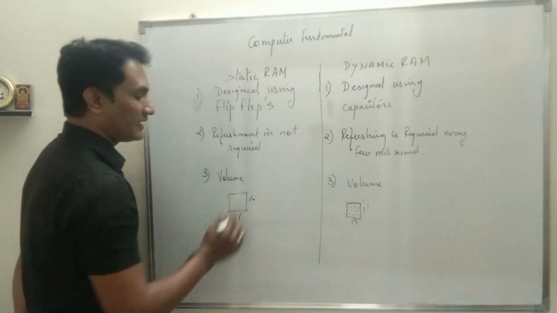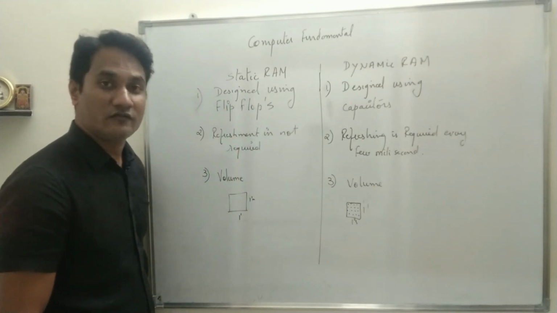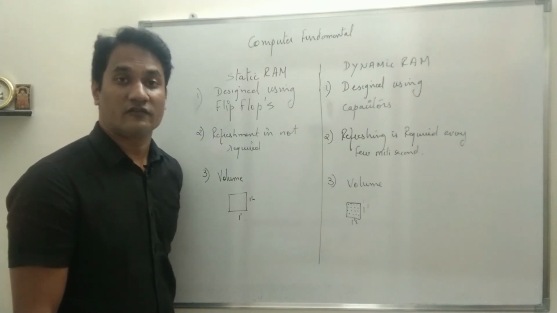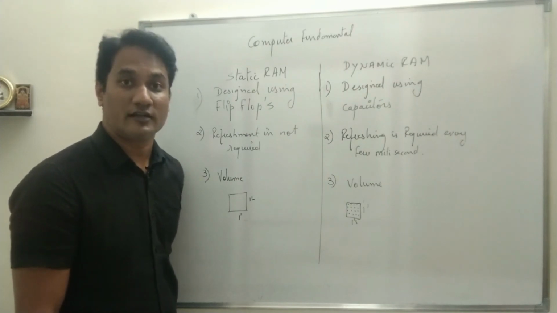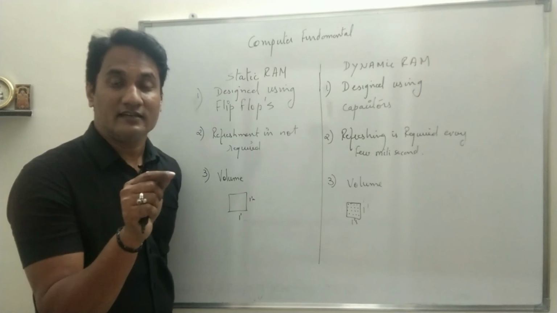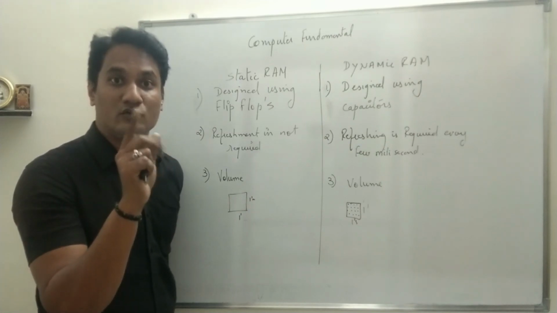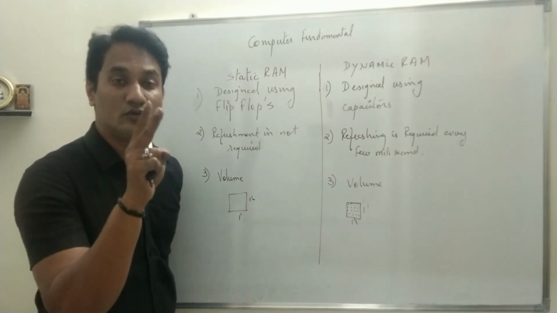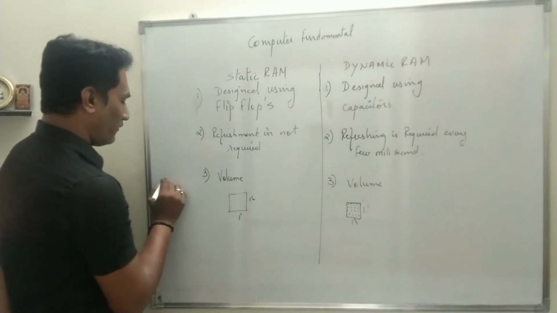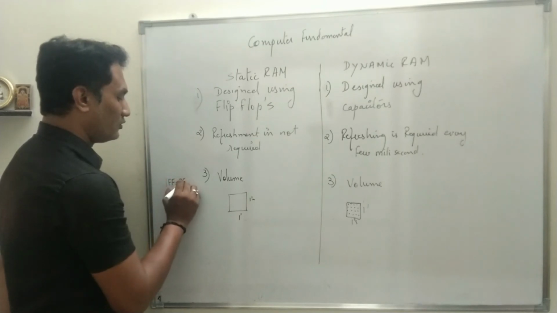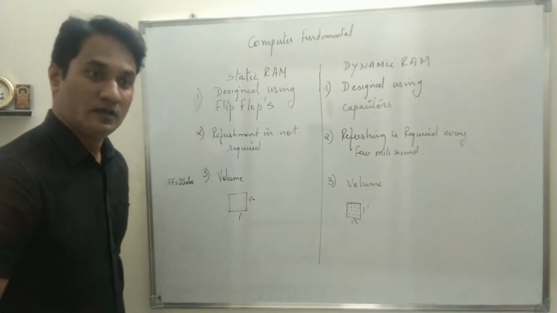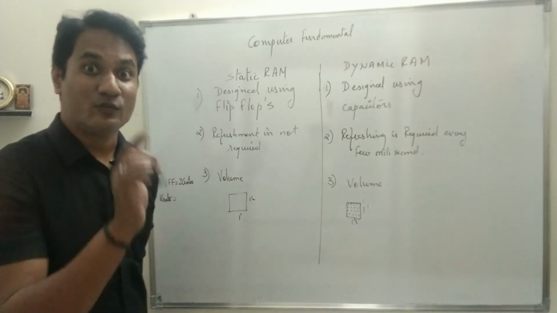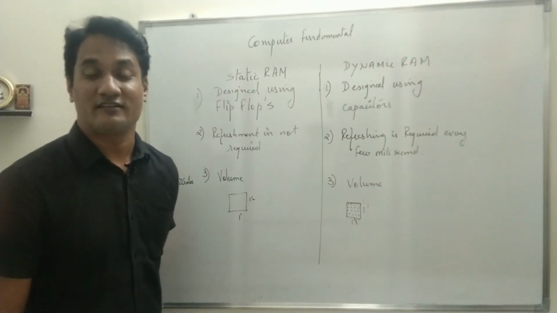Now in case of static RAM, as I said, static RAMs are designed using flip-flops, and if you remember, we have studied SR flip-flop using NAND gate, SR flip-flop using NOR gate. So just to design one flip-flop you need 2 gates, whether you are using NAND gate or NOR gate. And for one gate, if you remember logic families, to design one NAND gate, how many transistors did we use?